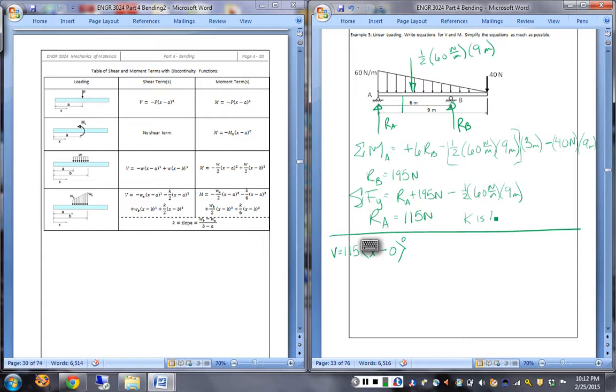K is the slope of W, and for that we need the value of W at B, which is 0, minus the value of the distributed load at A, which is 60, over the location of B, which is 9, minus the location of A, which is 0. So we have a slope of minus 60 over 9.